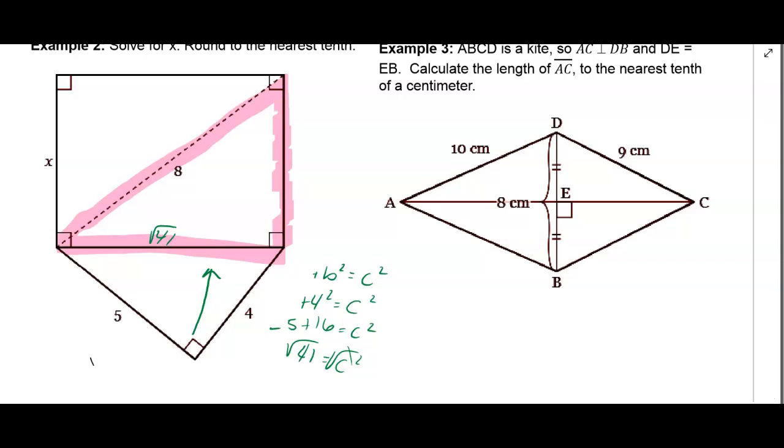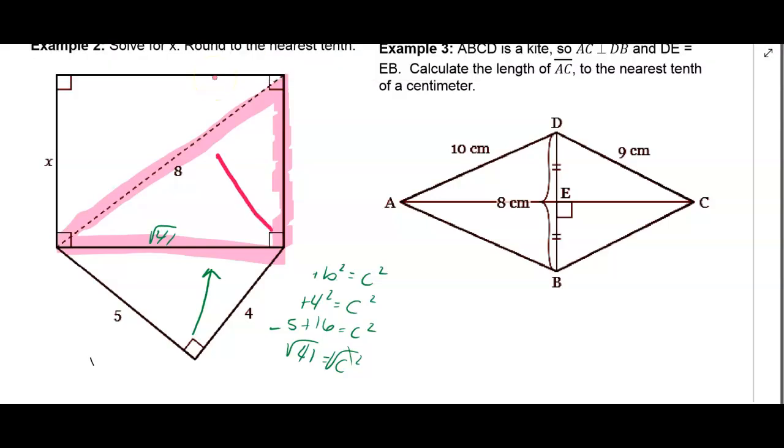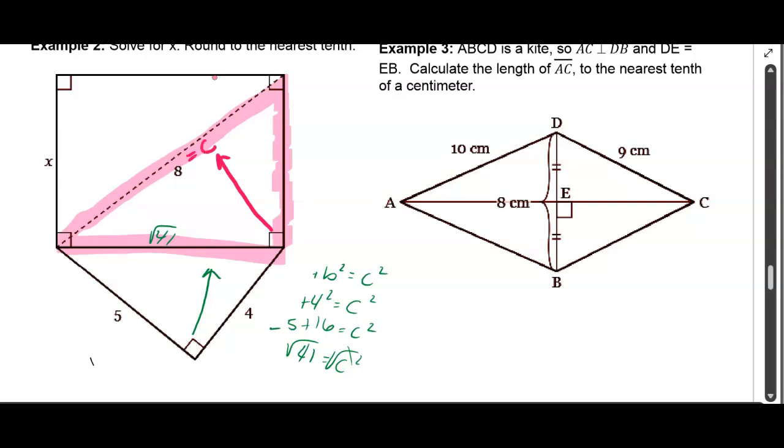Eight's my c value, so I know my c. So for my a squared plus b squared equals c squared, I have square root of 41 squared plus, I don't know b, or a, like I said, it really doesn't matter. But I do know c.